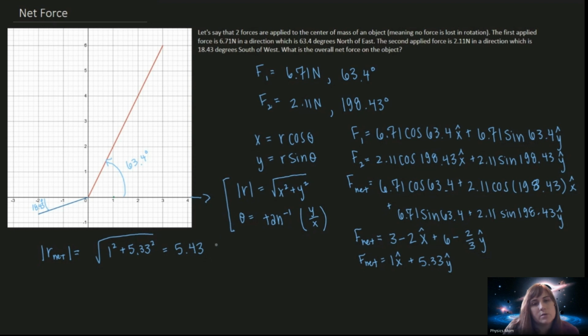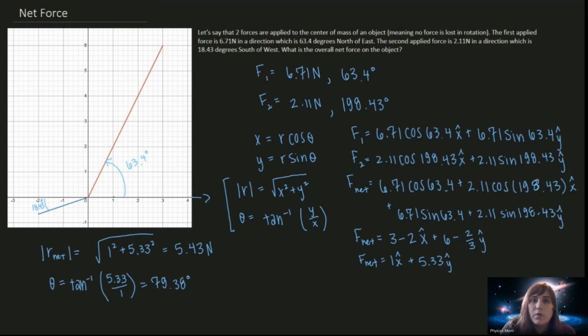This is newtons, since it's a net force. It should never be a negative number, the radius. It's an absolute value of magnitude. What a negative means is direction-based, and we take direction into account with the angle in polar coordinates. So for the angle, that's going to be the inverse tangent of 5.33 over 1, which is about 79.38 degrees.